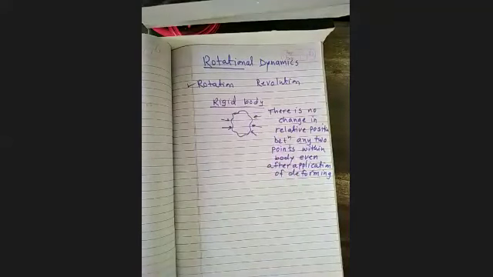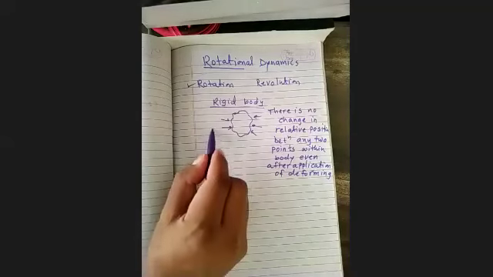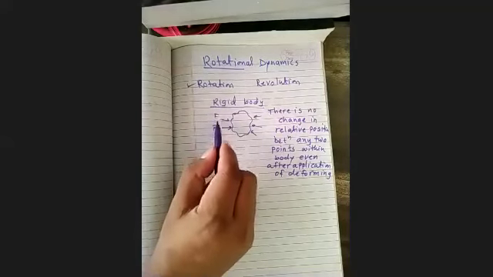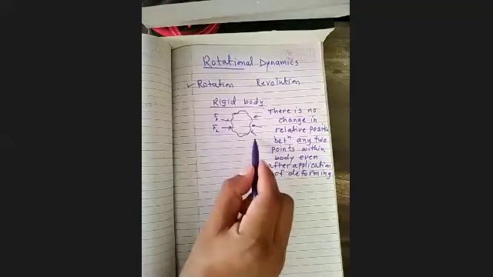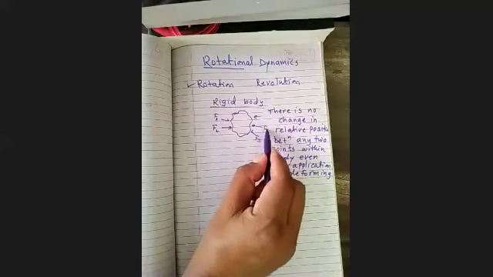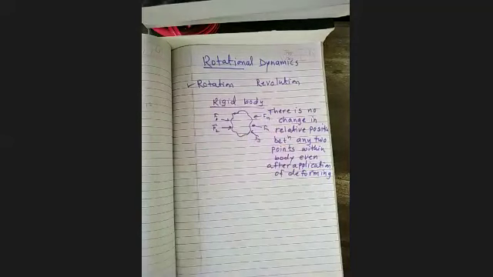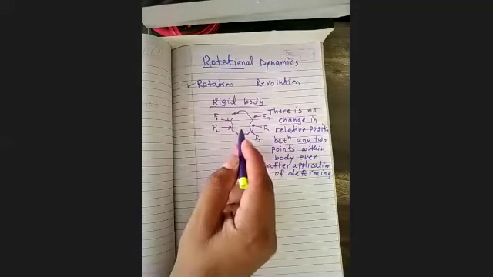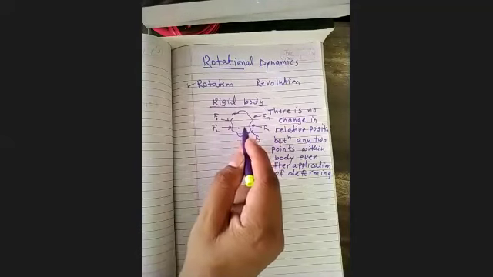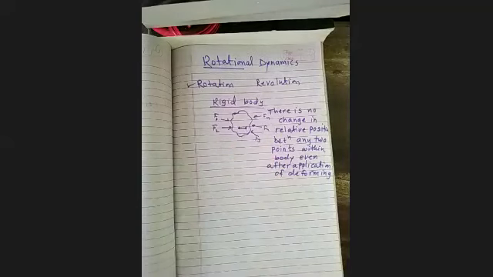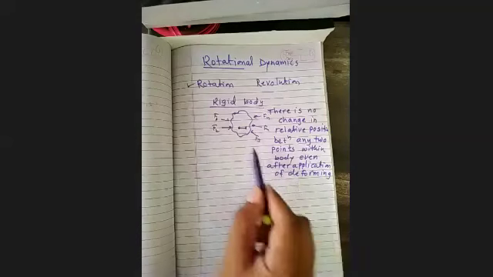And even after application of a force, say force F1, force F2, force F3, F4, up to Fn, any amount of force you are going to apply, and still there will be no change in the shape and size, or there will be no change between any 2 points, that kind of body is called a rigid body.